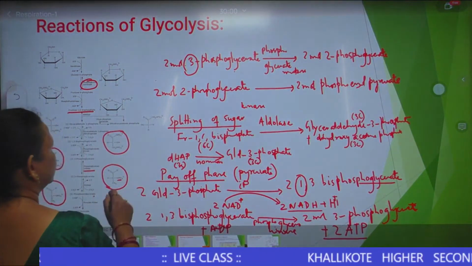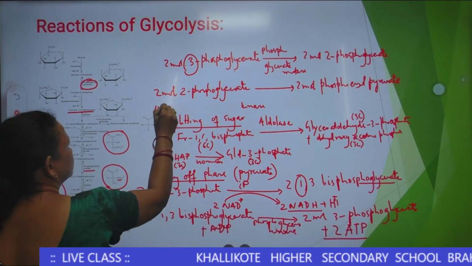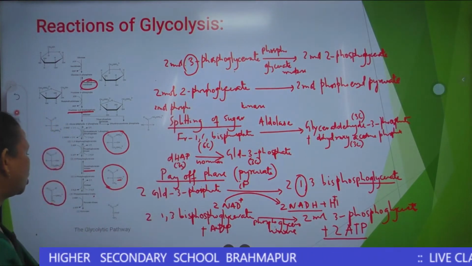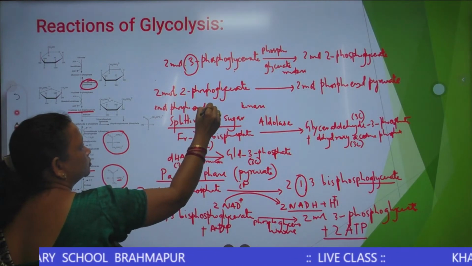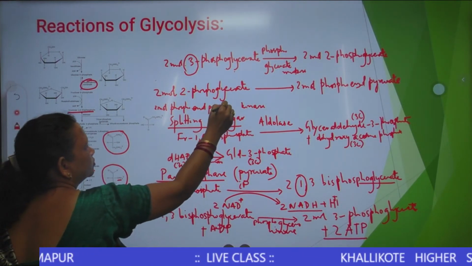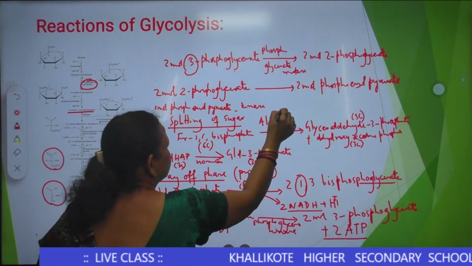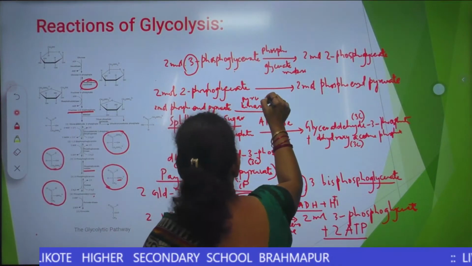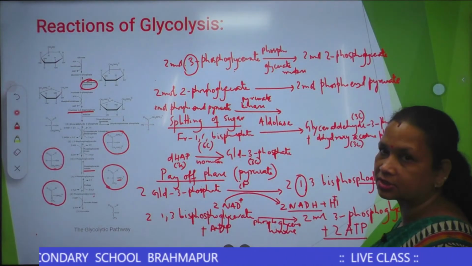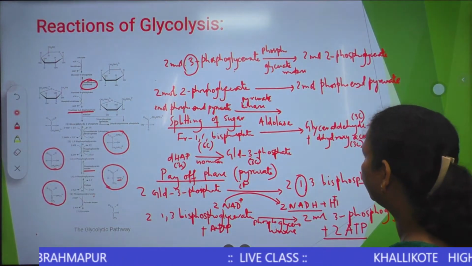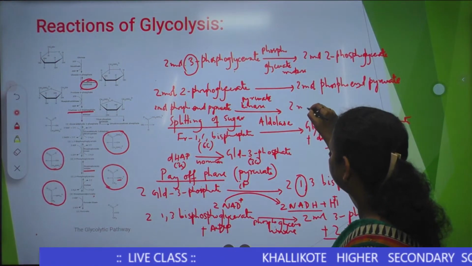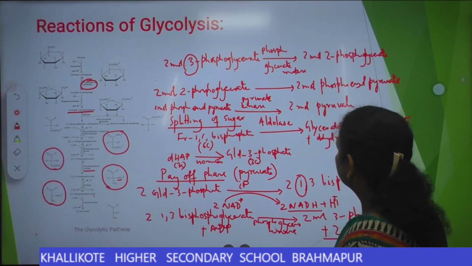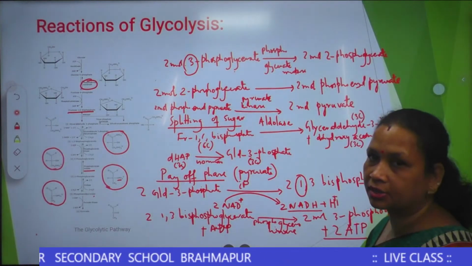So, in the next reaction, 2 molecules of phosphoenol pyruvate, in presence of enzyme pyruvate kinase, will get converted into 2 molecules of pyruvate.